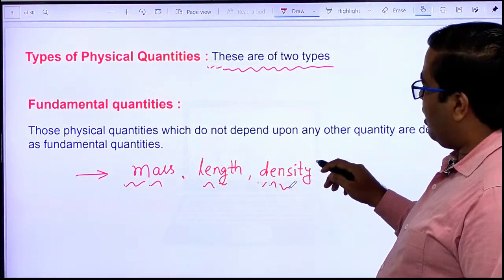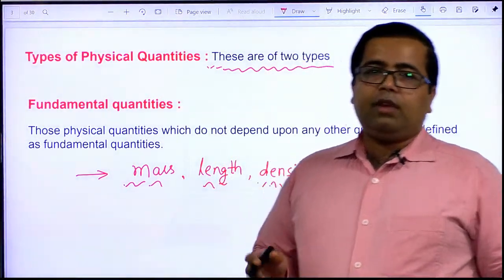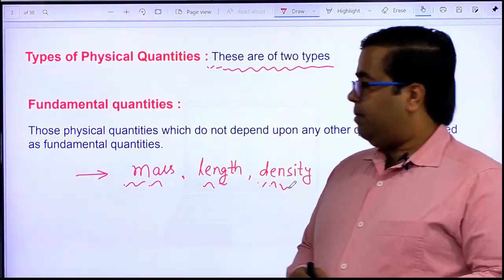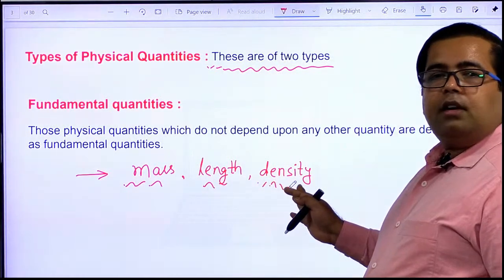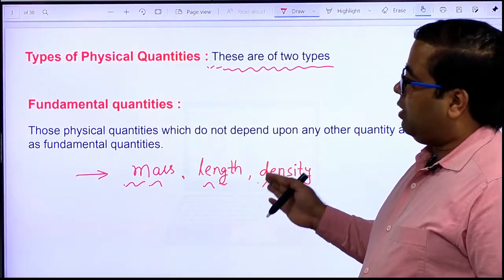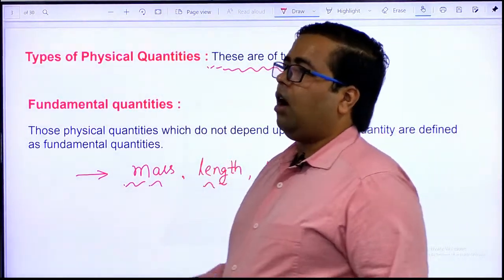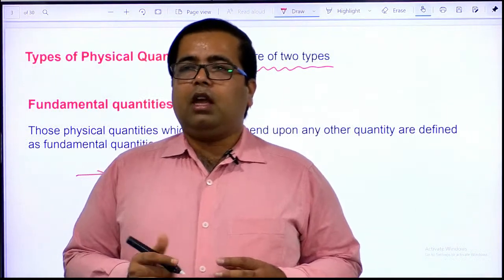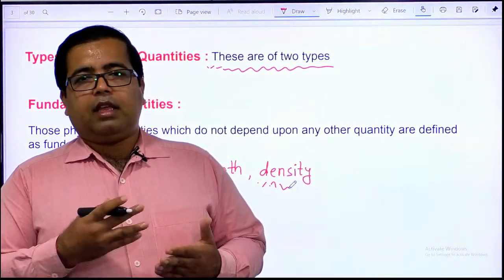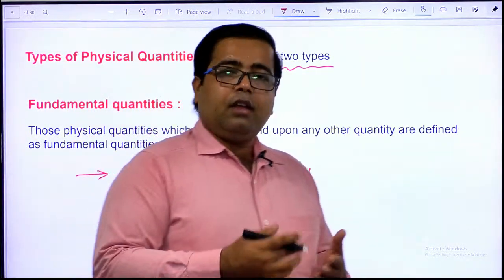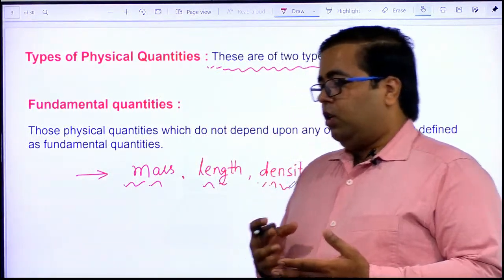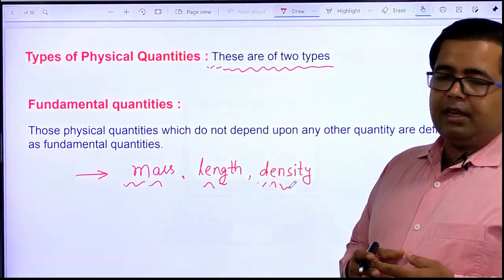Actually density is not a fundamental quantity, as we are aware of the SI system, in which you have mass, length, time, temperature, current. But we are just studying here how the fundamental quantities are formed and how we decided that mass, length, time, temperature, current, amount of substance and luminous intensity should be in the fundamental category.